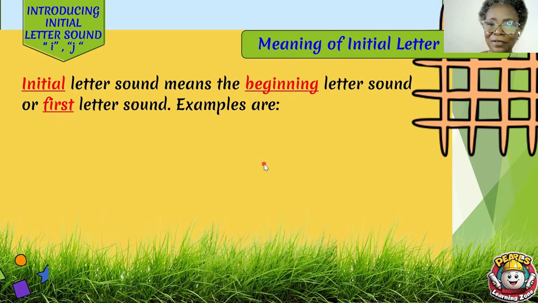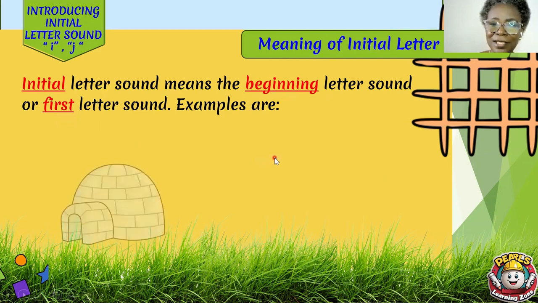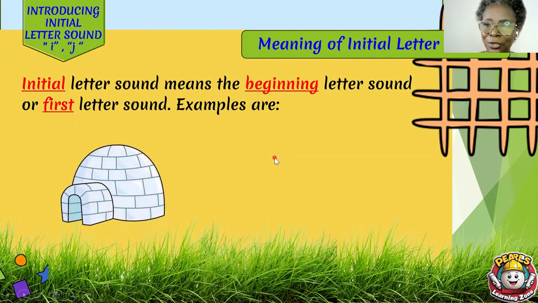Great job. Let's have some examples and let's see if you can identify the first sounds you hear. I'm going to be showing you some objects. When I project each one of them, you tell me the name and tell me the first sound you hear when that name is mentioned.